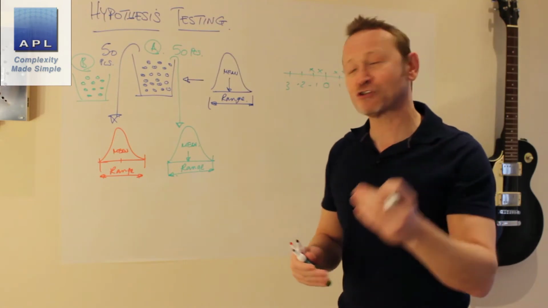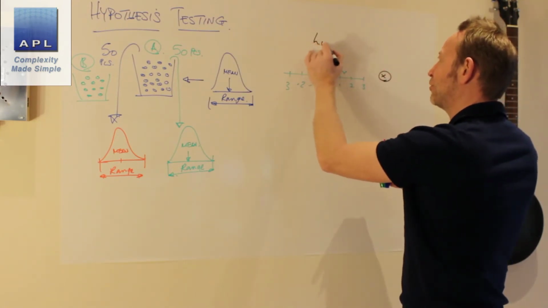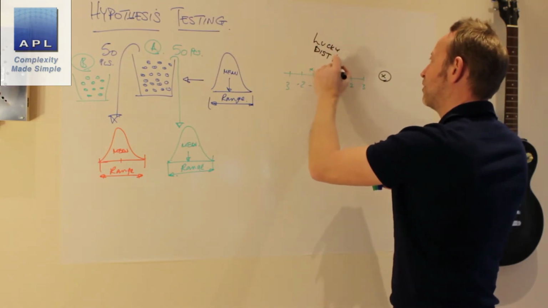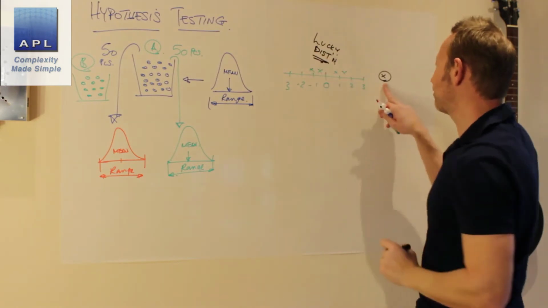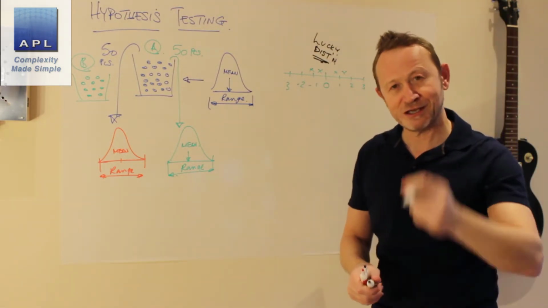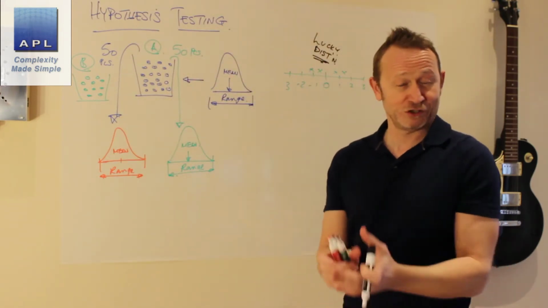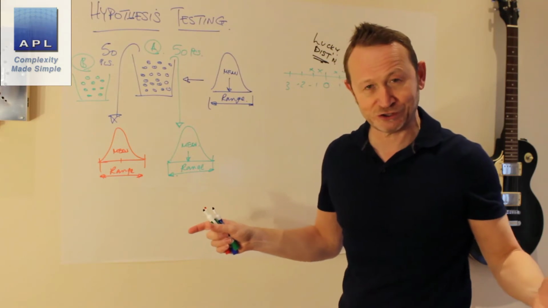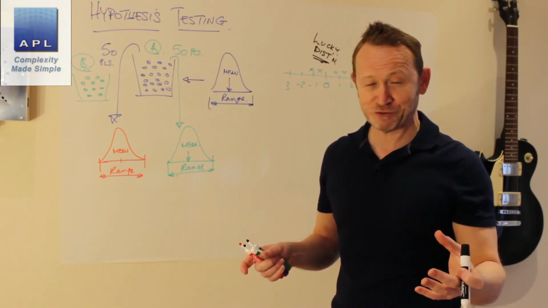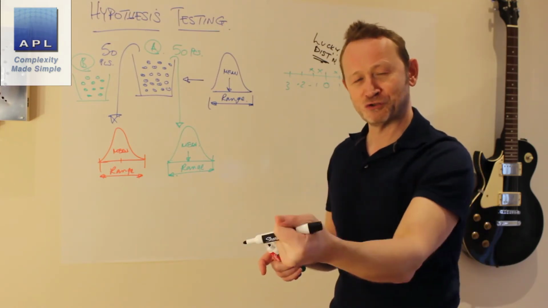So instead of assuming that what we're looking at is just luck, what the hypothesis test is going to tell you is this is a rare event. It's happened with your first draw. So you've got very extreme results. That's going to tell you this is unlikely to have been luck. It's likely to have been your new setting.